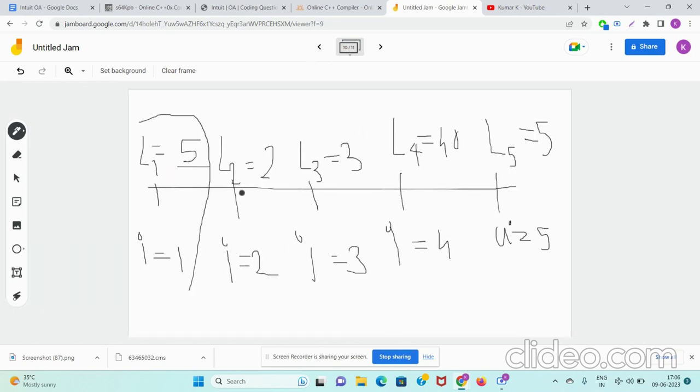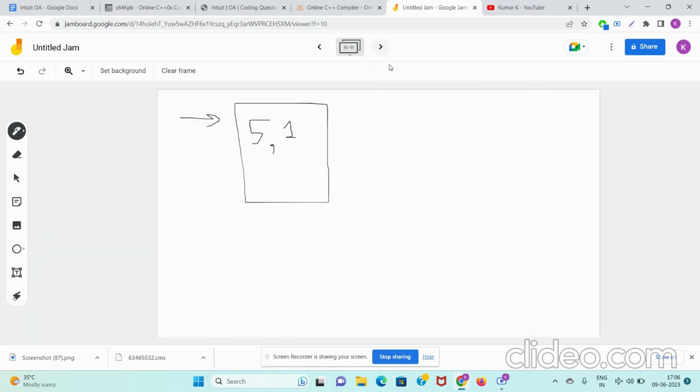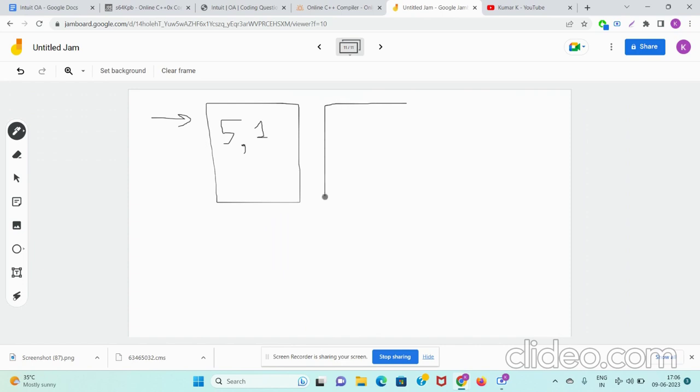When you come at this index, the hash map will say that 2 is also coming for one time. So now the hash map will look like this: 5 coming for one time, 2 also coming for one time.